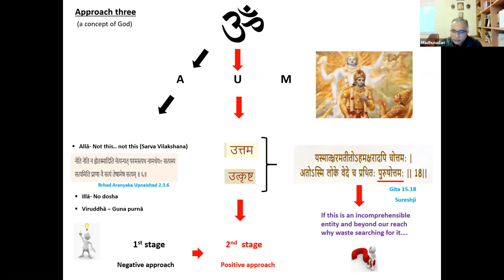So from a negative approach, which was the first stage of contemplation, you are now slowly drifting towards a positive approach of accepting that he is Purusha Uttama or Utkrishta, and that is the reason why he is Neti Neti Atma. Now the big question arises, the second question. If this is an incomprehensible entity and beyond our reach, why waste time searching for it?